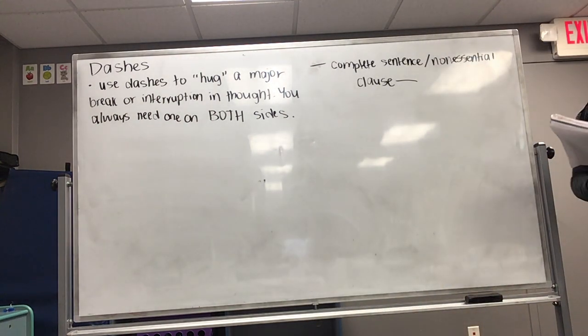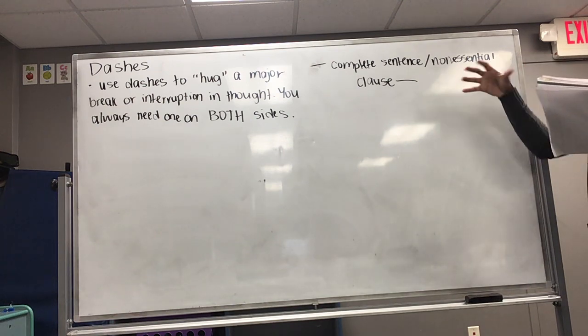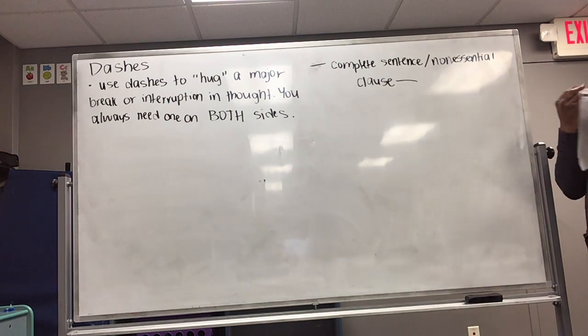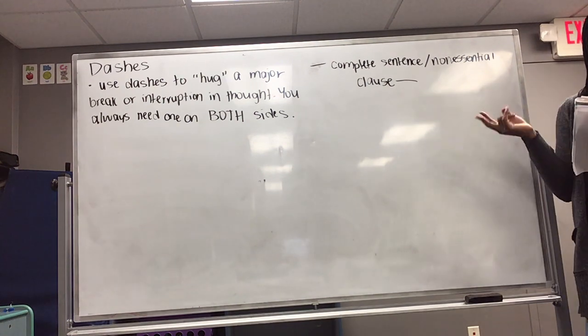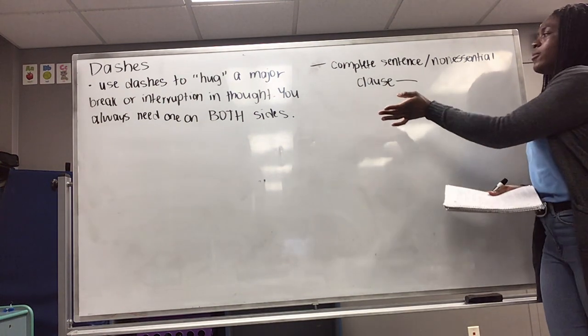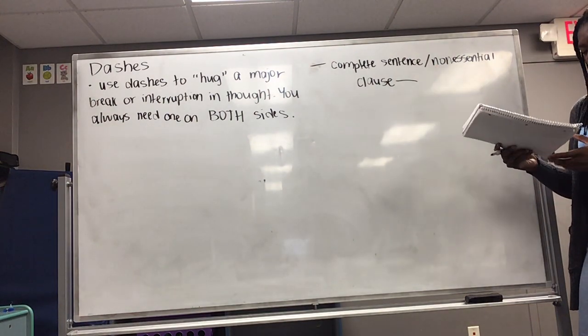There are instances where you use a dash, and then instead of having an ending dash, you just complete the sentence, so it'd be a period here instead. But usually they don't do that on the ACT. They'll have a starting dash and then an ending dash, so kind of like that dash hug. So for the most part, there will be 2 dashes. If you see one dash, you'll see another dash on the ACT.